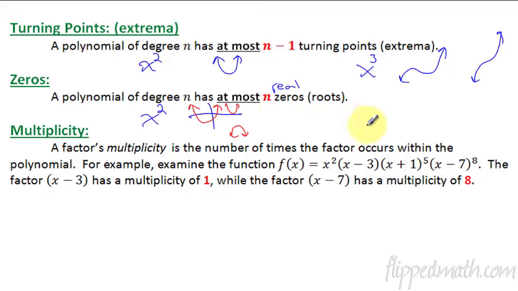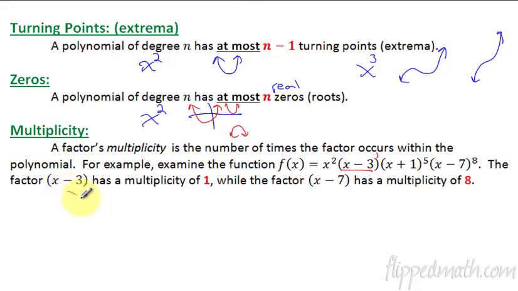And then lastly, multiplicity. Multiplicity is basically how many times the factor is showing up inside the function. So once you factor the whole thing, for this one, this factor is showing up 2 times, so its multiplicity is 2. This factor, x minus 3, is showing up only 1 time, so we say that x minus 3 has a multiplicity of 1.